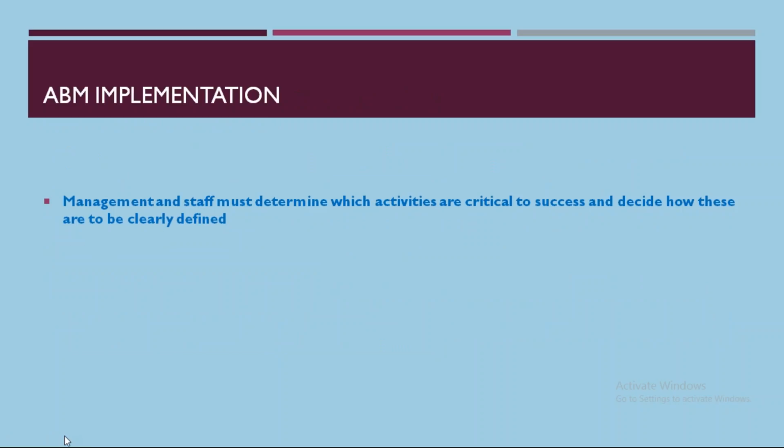So to implement ABM, activity-based management, we have to find out what the critical activities are that we need to work through. Now, if you look at water, the critical activity is to give purified, treated water. That's the critical activity.